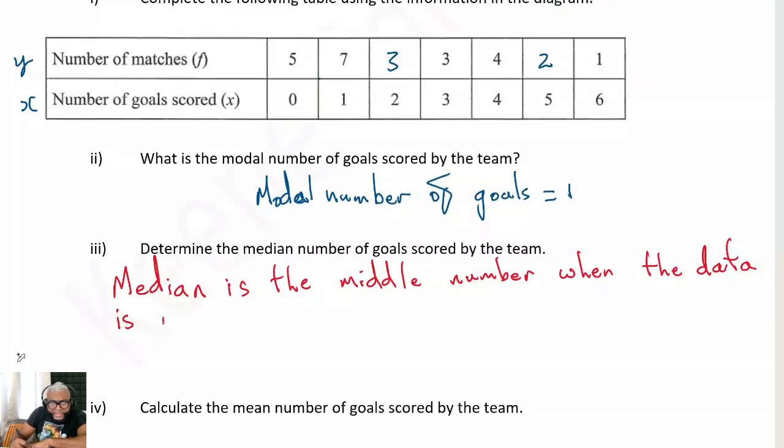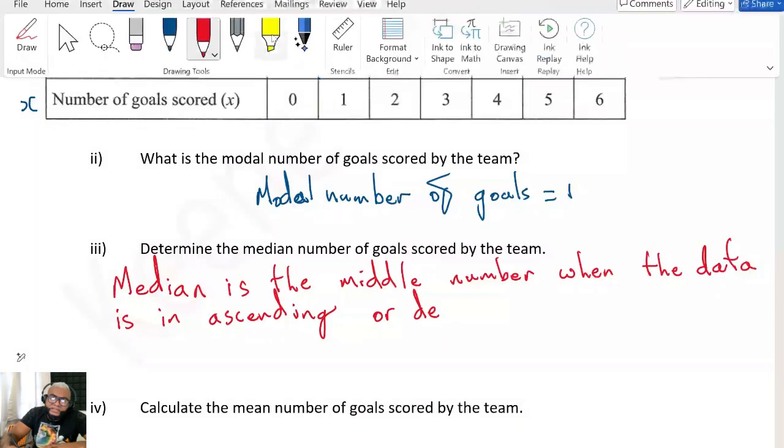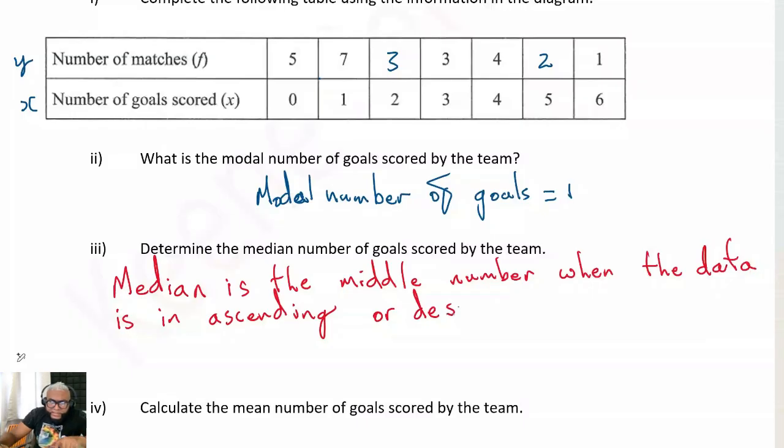So the median is the middle number when the data is in ascending or descending order, meaning it must be in order.